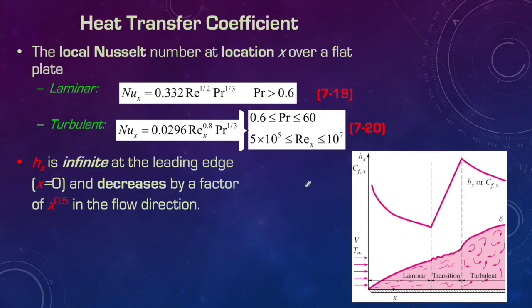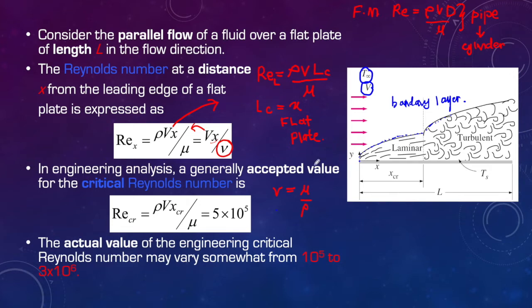So when we want to substitute this into the Reynolds number equation, 1 over kinematic viscosity is equal to rho over mu. We can see here rho over mu, and then this is rho over mu. We substitute 1 over nu, then the equation becomes Vx over nu. So that is the Reynolds number equation using kinematic viscosity.